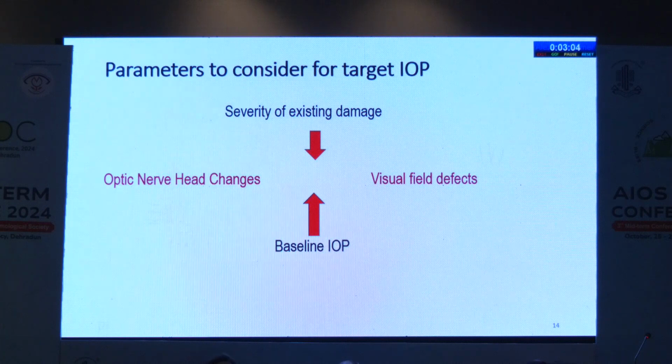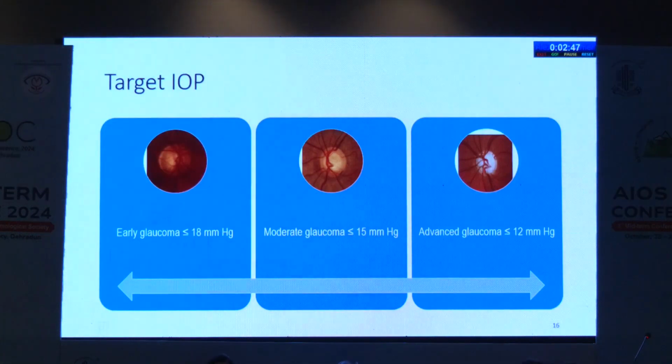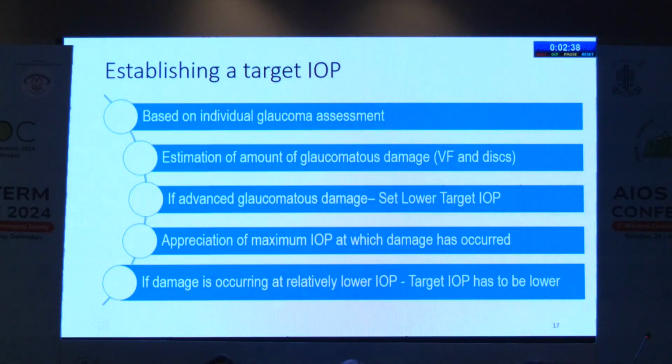You need to consider how much existing damage there is, based on your assessment of the optic nerve head, your visual field defects, the baseline intraocular pressure, and other factors like central corneal thickness and ocular and systemic comorbidities. As a rough guide, for cases with advanced glaucoma, less than 12 millimeters would be recommended.